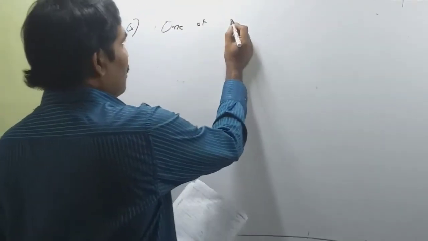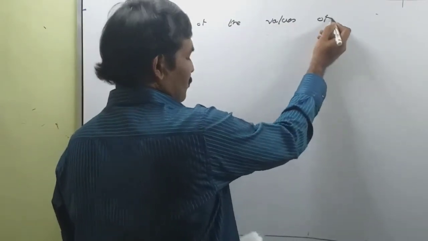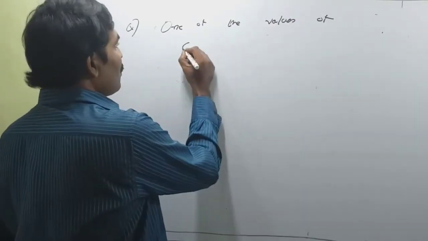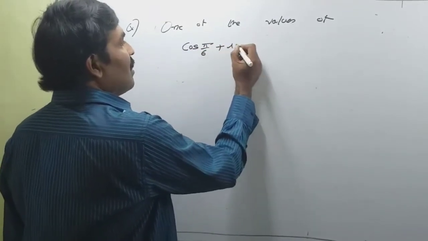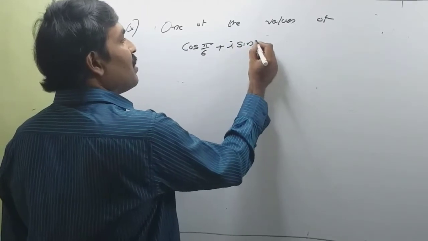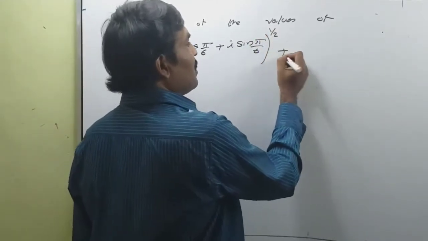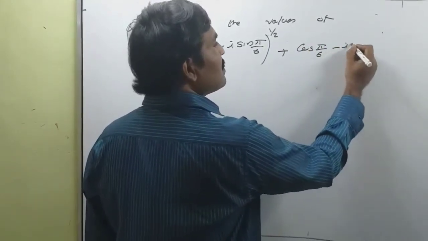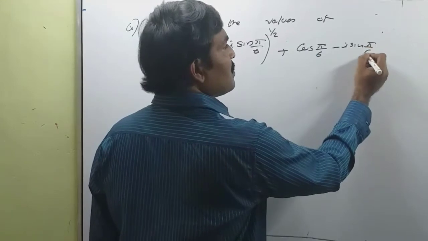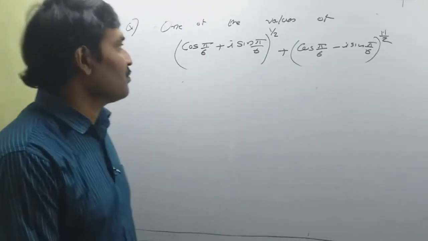Of the values of cos pi by 6 plus I sin pi by 6, the whole raised to 1 by 2, plus cos pi by 6 minus I sin pi by 6, the whole raised to 11 by 2. Right.